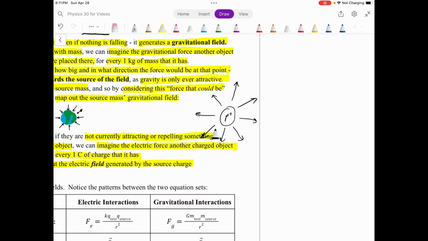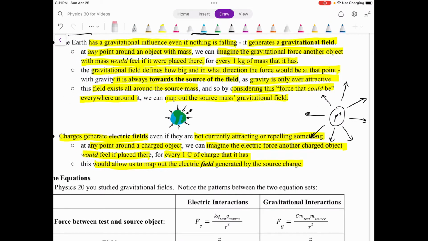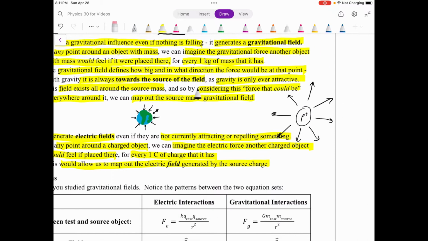So this is actually a visualization of the electric field around a proton. I'll get into in a moment why these arrows are pointed away. But look how similar these ideas are. How many newtons of force would it feel for every kilogram of mass it has because of the Earth's gravitational field? How many newtons of electric force would it feel for every coulomb of charge that it has because of the proton's electric field?